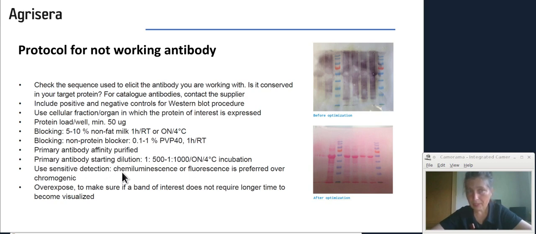Also, I would suggest if you work with unknown antibodies, which have not been characterized, then one should overload the system. So use quite a lot of protein load per well, primary antibody in larger amounts, and overnight incubations. If a target band is detected, one can still optimize these conditions and fine-tune them.